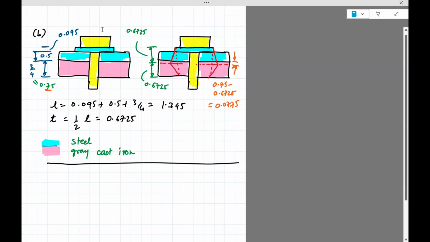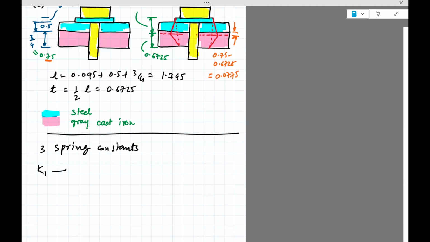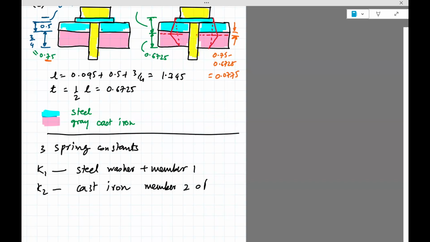So the third one is actually the gray cast iron, which sits in the bottom half. So there are three spring constants. Okay. So K1 would be steel washer plus member 1. K2 would be the cast iron for member 2 of thickness equals 0.0775.